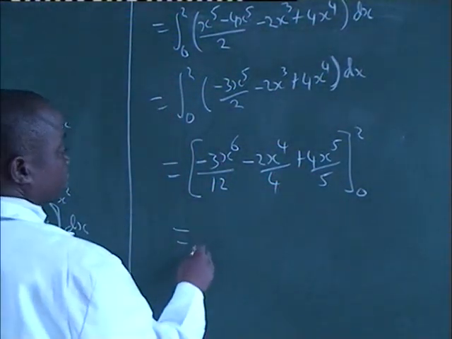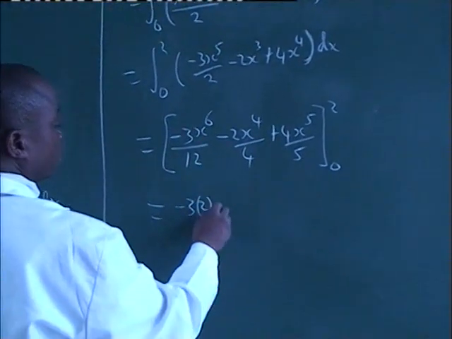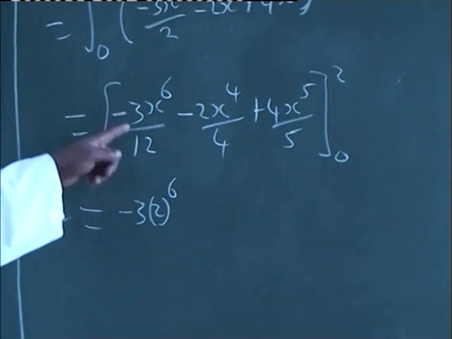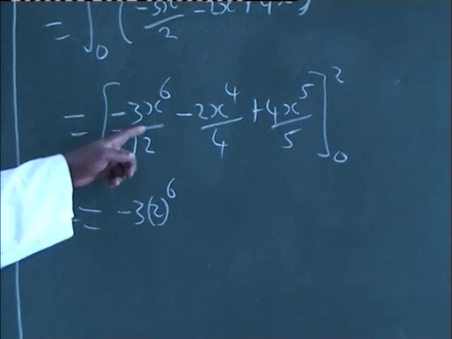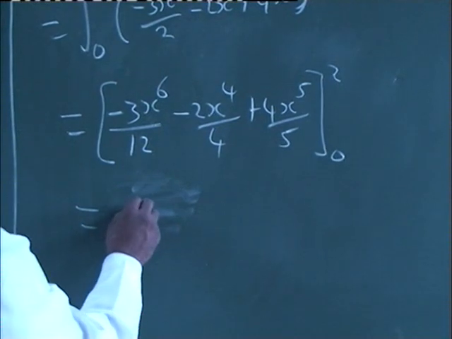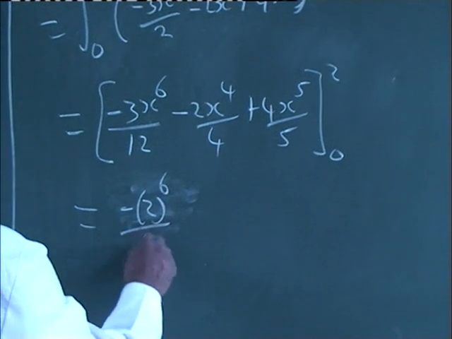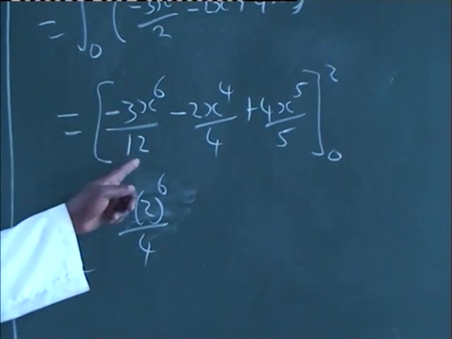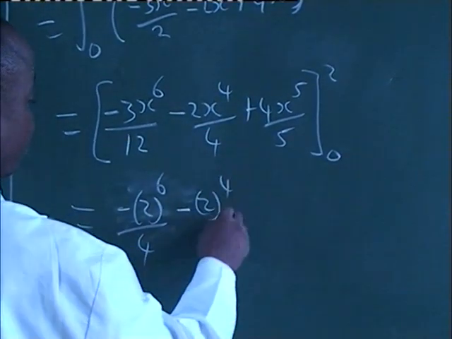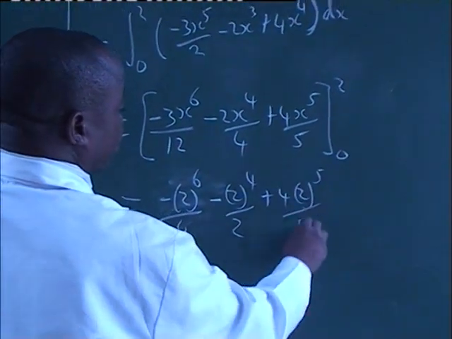If we put 2 here, we have minus 3 times 2 raised to the power 6. Let's simplify it at once and call it minus 2 raised to the power 6 over 4, because 3 can cancel here, then this can also cancel. We have minus 2 raised to the power 4 over 2 plus 4 times 2 raised to the power 5 over 5.